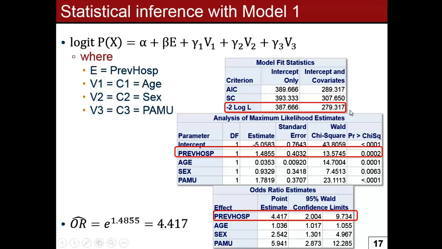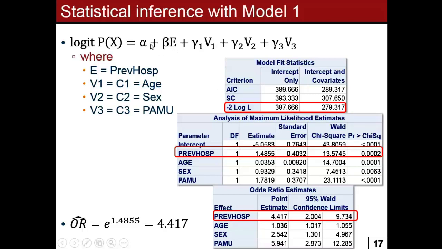This is where you get the -2 log likelihood for this model that you might use in the likelihood ratio test. It's this thing right here on the lower right. And it has to be intercept and covariates. This is the likelihood ratio of a model that has just the intercept in it, which is not really useful, unless you were specifically testing a model that had exposure only.